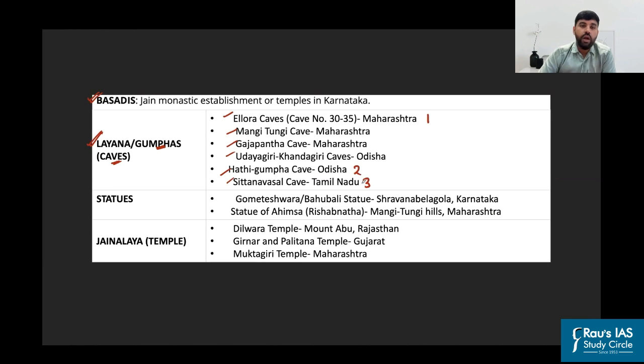All right. Then statues, you have the statue of Ahimsa and the Gomateshwar statues. Use one example. Jain Alay, also known as temple. In North India, the Jain temples are known as Jain Alay. In South India, that is the Karnataka region, they are known as Basadi or Basri.